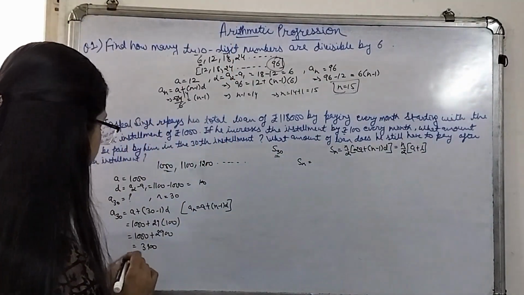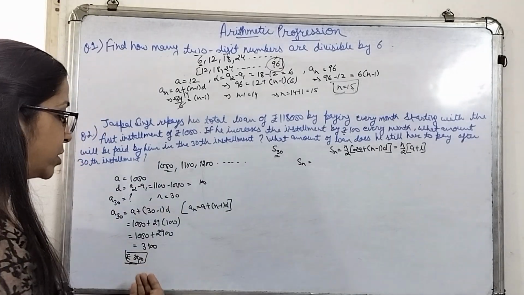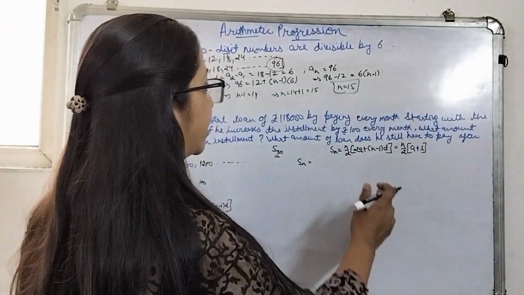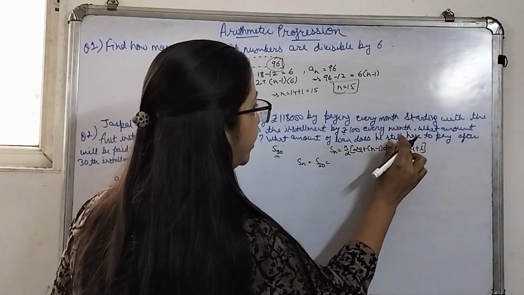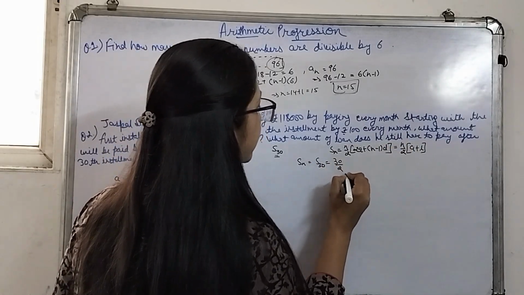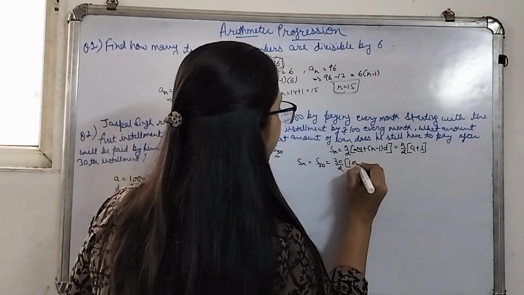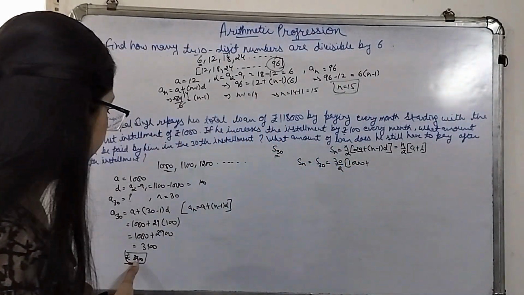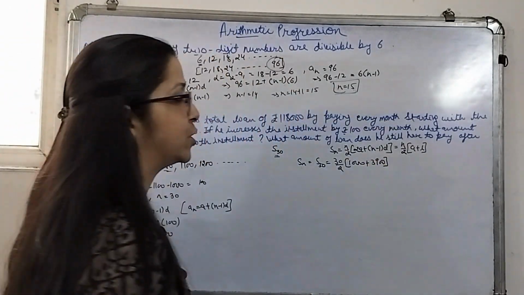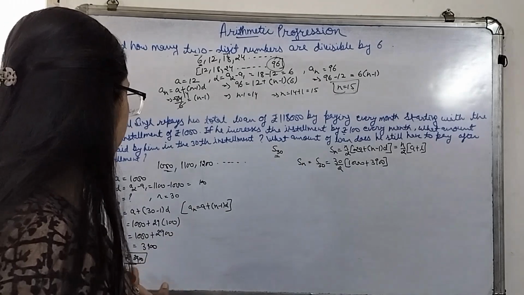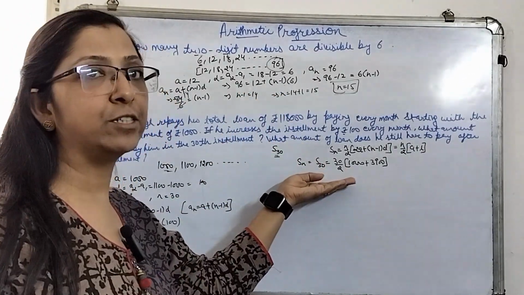We know the last term, the 30th installment, is 3900, so we can use 3900 as L. So S30 is equal to 30 by 2 into (A, which is 1000, plus L, which is 3900). We take the last installment as the 30th installment because we are finding the sum of 30 installments.